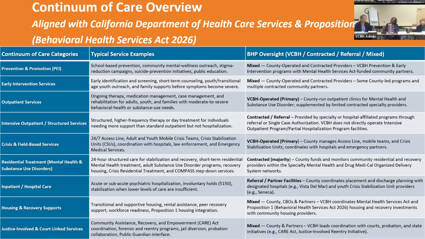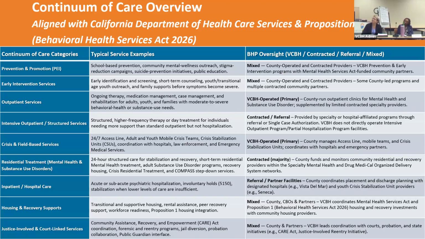Okay, I do not expect anyone, including myself, to read this one. But as you can see, on the left are all the different categories. The middle section gives an example of what those services are. And the right side says how we are fulfilling those obligations.